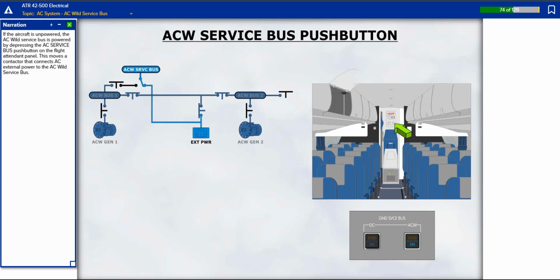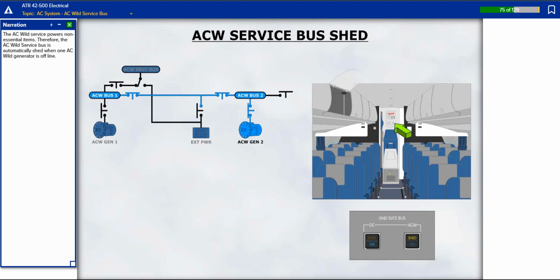This moves a contactor that connects AC external power to the AC wild service bus. The AC wild service bus powers non-essential items. Therefore, the AC wild service bus is automatically shed when one AC wild generator is offline.